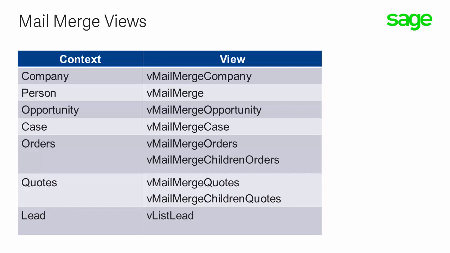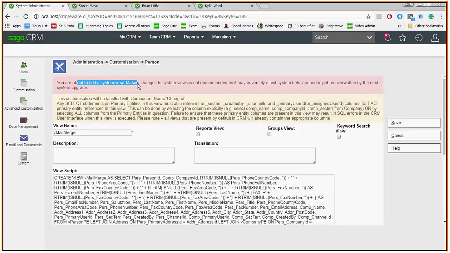But that's not the most exciting thing that I wanted to talk about in this section. In this session, I want to think about what we can do with a view. This is because views, like the ones we were looking at here, in vMailMerge we're starting to make use of derived information.